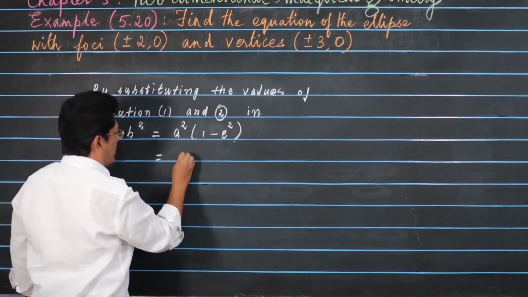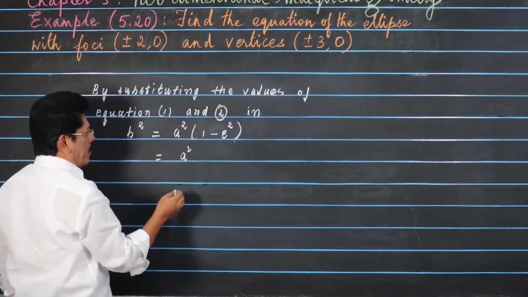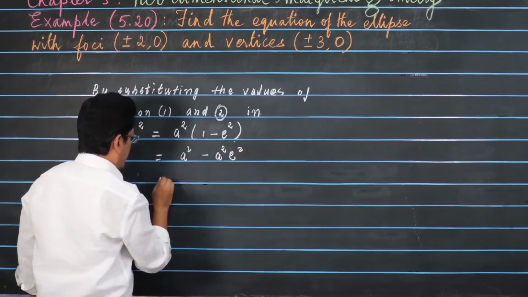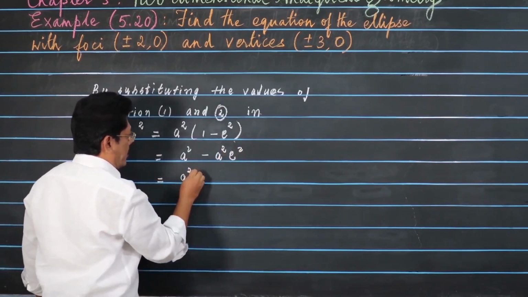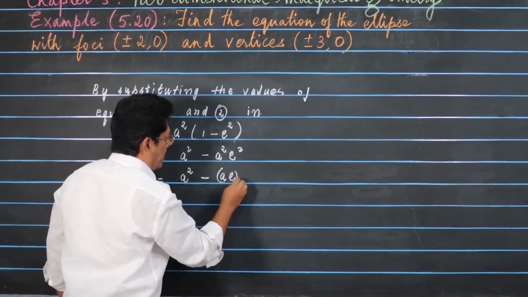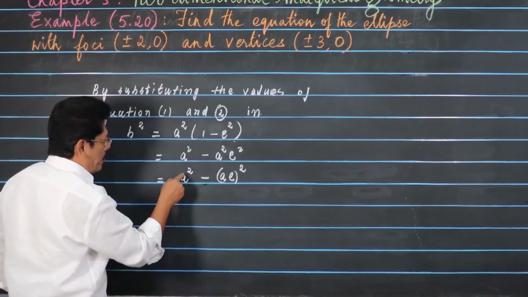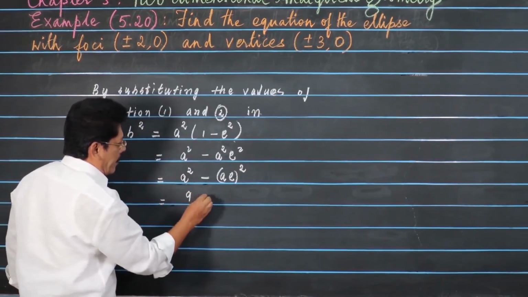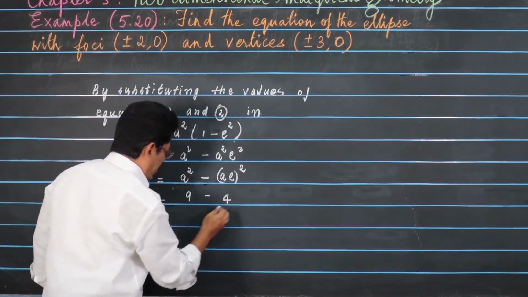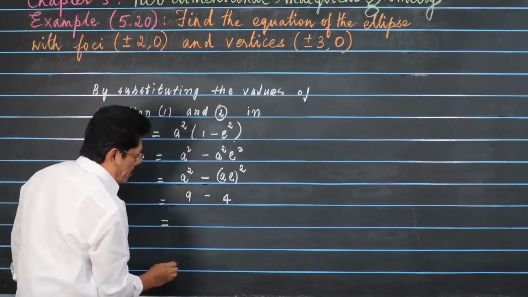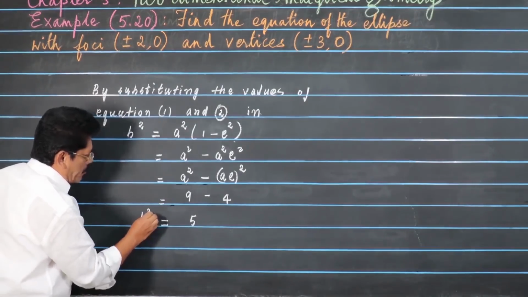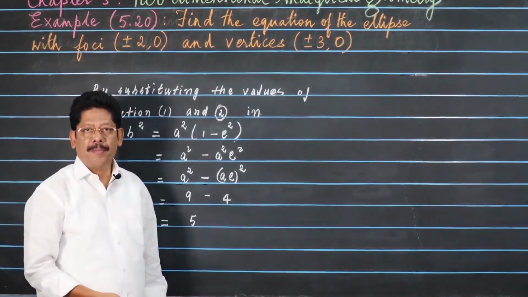A squared into 1 is A squared. A squared into minus E squared is minus A squared E squared. This is equal to A squared minus, since the power is common, we take it as AE the whole square. Now substituting the value of A squared is equal to 9 and the value of AE the whole square is equal to 4, 9 minus 4 will give you 5. Therefore, the value of B squared is equal to 5.